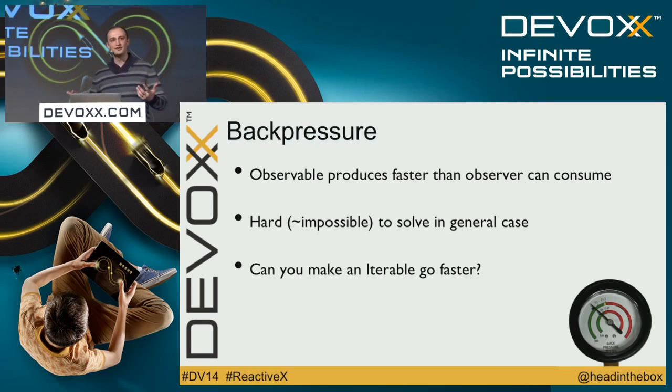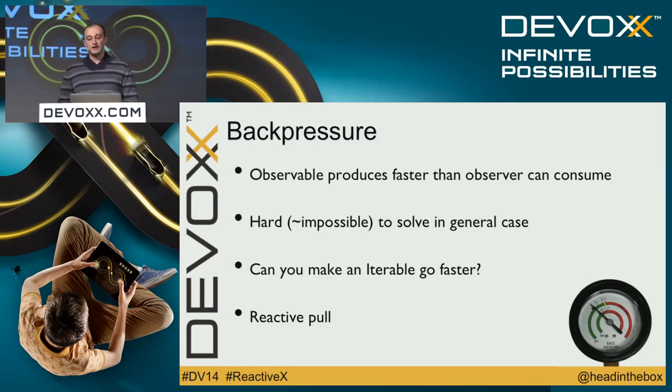Things must happen, so there is a limit to the speed that an iterable can operate at. And I have this intuition that observables have the same limitation. So asking an observable to slow down is not really a natural thing, because in a push model, that doesn't really hold up in reality.